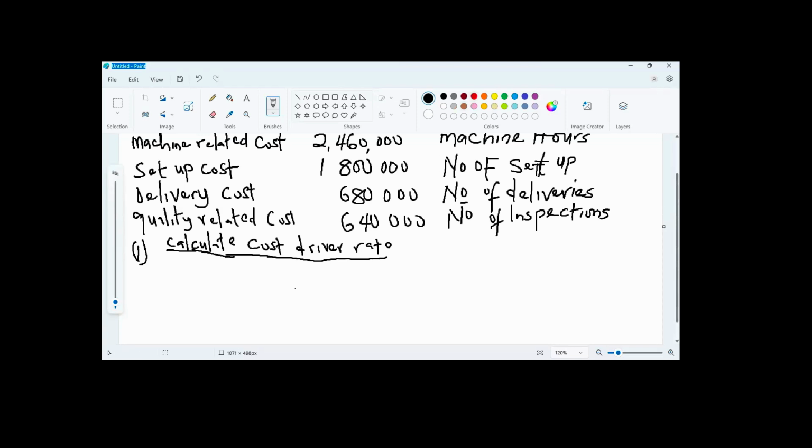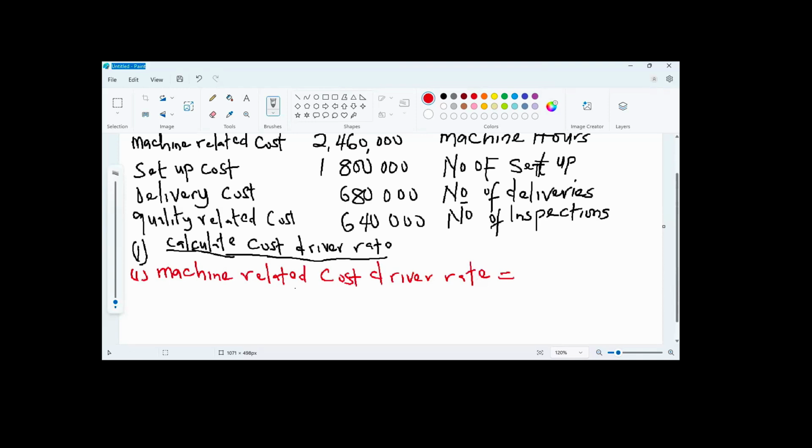I want to use red ink here. I will now pick 1. Machine related cost driver rates.